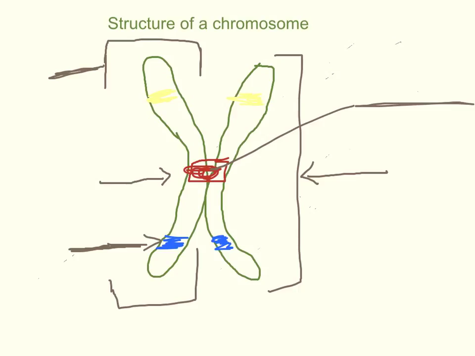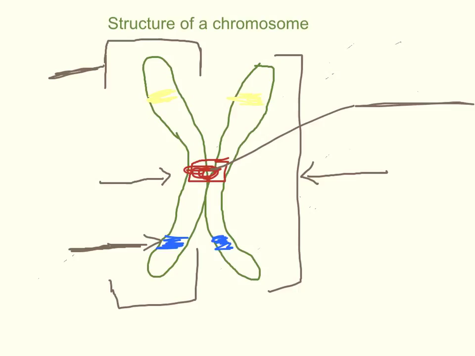So first of all, in G1 of the cell cycle, before the chromosome has duplicated itself, we have just the one side, just this half. Let me try to use the pointer for a second.